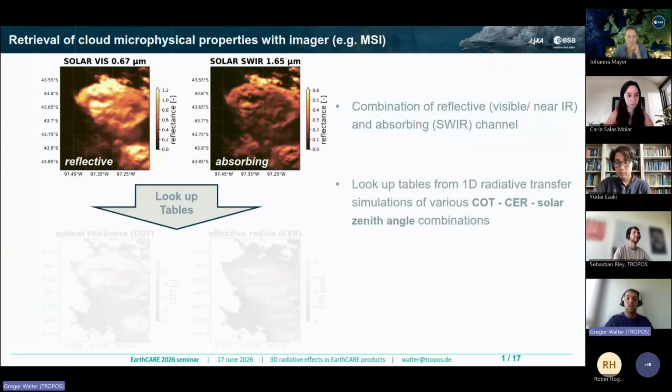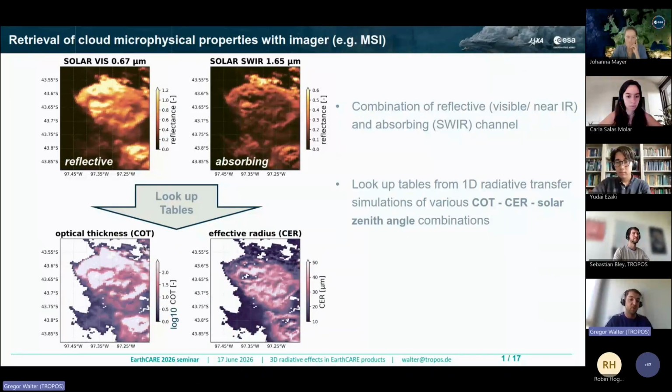And then lookup tables are created from 1D radiative transfer simulations with various combinations of cloud optical thickness, cloud effective radius, and solar zenith angles. Those are stored, and then the real measurements are compared to the lookup tables, and then we can retrieve the optical thickness and the effective radius.